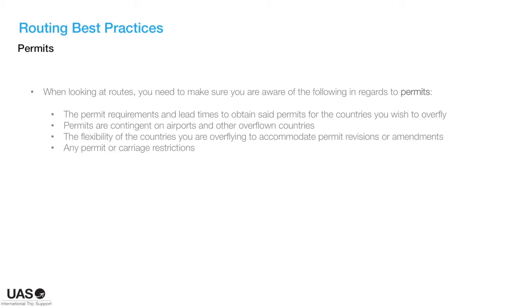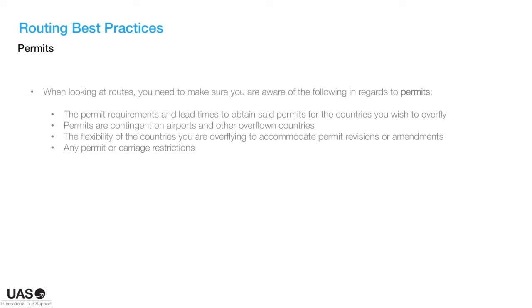Now, you probably need to work with your service provider or your dispatch group to determine the flexibility of those countries you want to overfly, and their willingness to accommodate permit revisions or amendments, because some countries might be very easy to deal with and tell you that you have long validity periods and you won't have any problems. Others, for example, Russia and China, don't like you making changes to their permits.